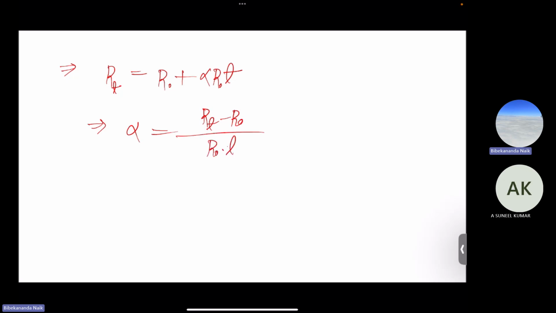If you rearrange this equation, it will be RT equals R0 plus alpha R0 delta T, which implies alpha is equal to RT minus R0 by R0 into delta T. Here alpha we know, and delta T we also know, it is 500 minus 300 in Kelvin.